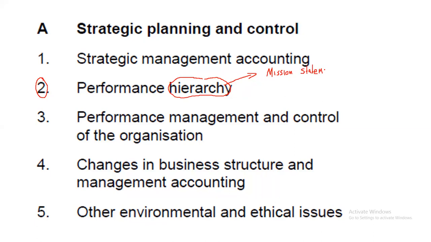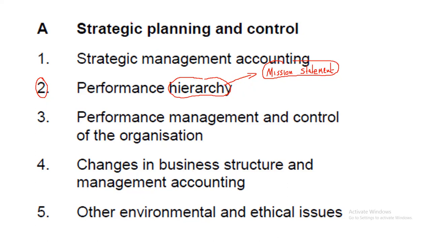Everything else that happens in the organization should be linked to the mission statement, cascaded down into our operational activities. So for now, performance hierarchy, which is a system of objectives, was dealt with in our last block, so we take it out of this list.